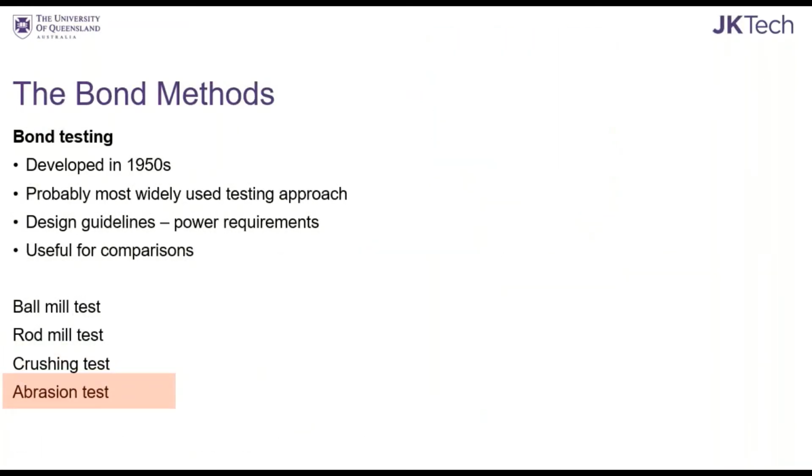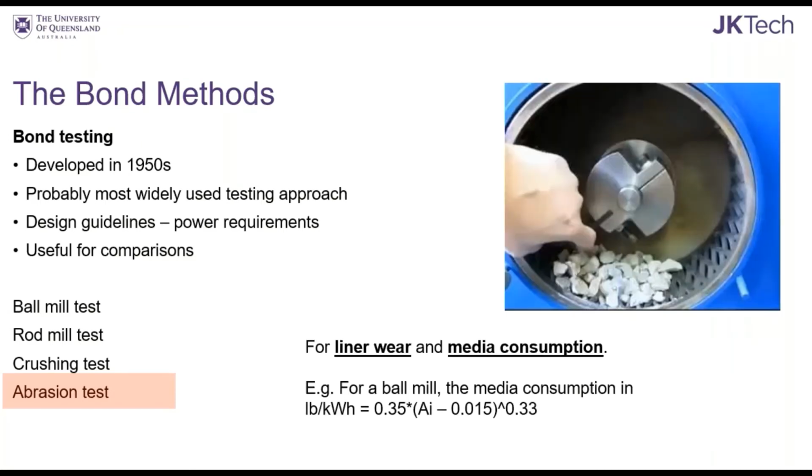Then we have the Bond Abrasion Index test. A lot of people use this for predicting the liner wear and media consumption within your mills. Again, it's a relatively standard test. You can see in the picture there's a rotating mill. You put your sample in, and then you put in paddles, as they call them, which go round and round. At the end of the day, you're just figuring out the difference in weight of that paddle before and after.